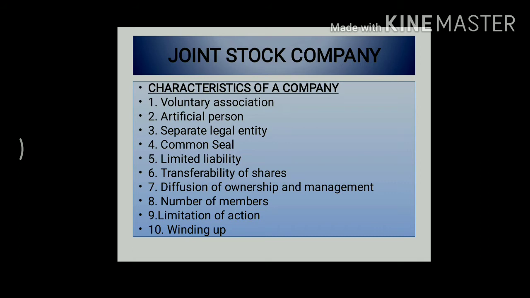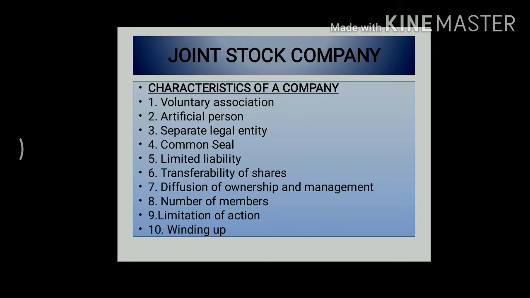Whereas I'm talking about the limitation of action. The scope of a company is determined by the Indian Company Act 2013. Whatever is being prescribed, written in the Indian Company Act 2013, has to be strictly followed by the company. The memorandum of association is the basic thing on the basis of which a company runs.